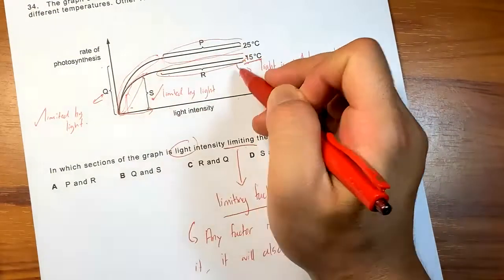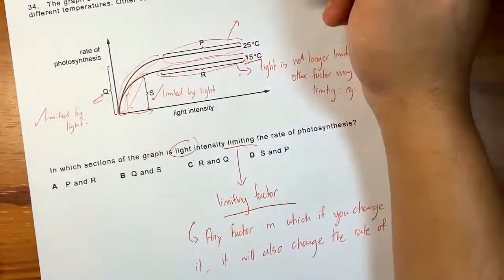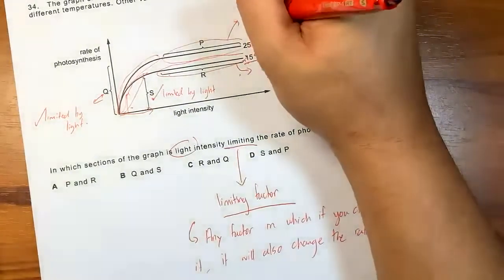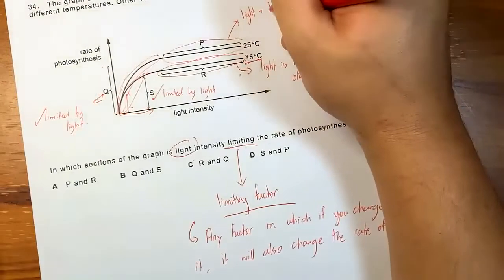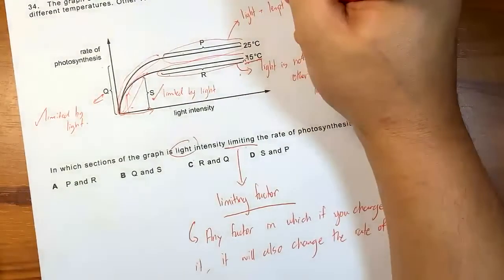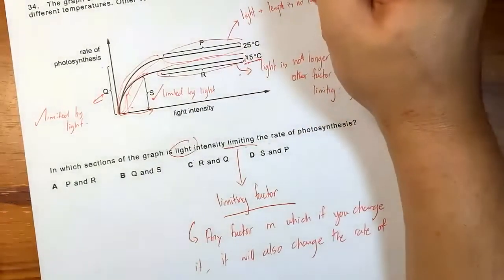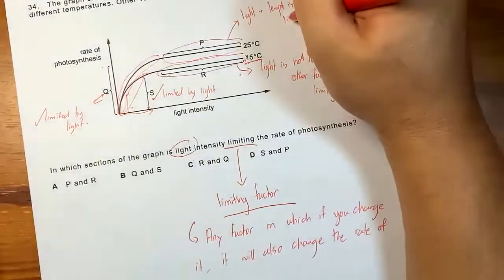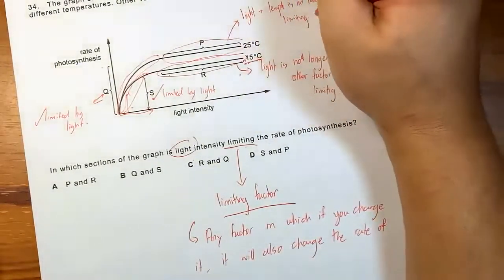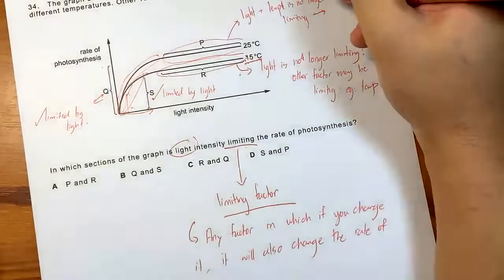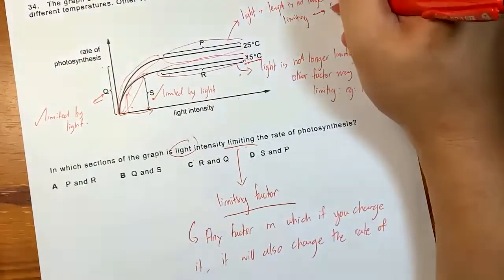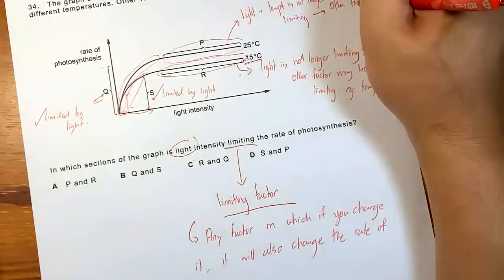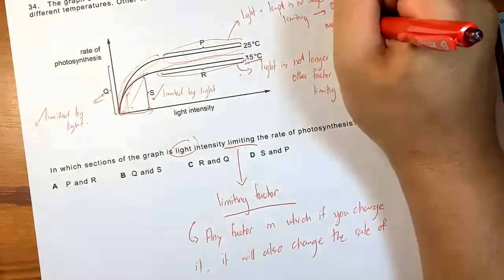So light plus temperature is no longer limiting. Something else must be limiting. It could be chlorophyll, or another factor.